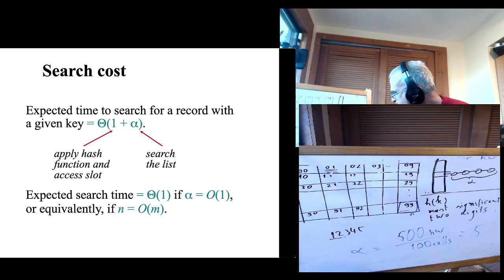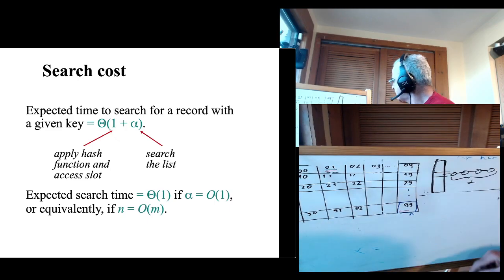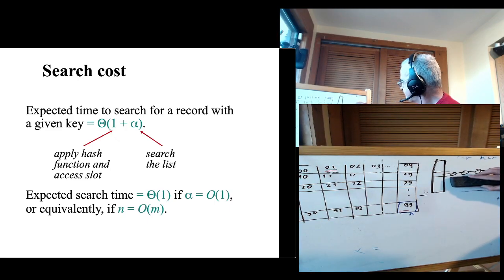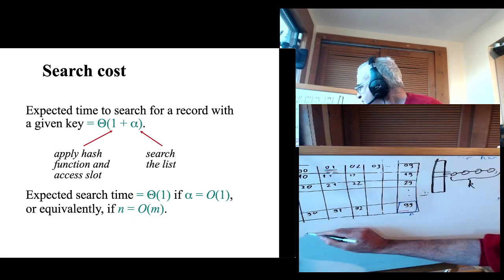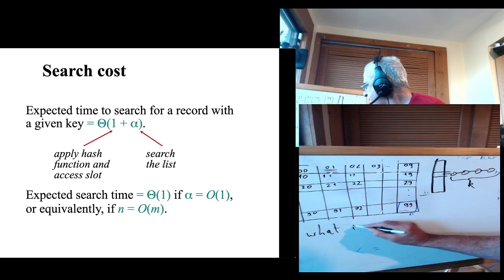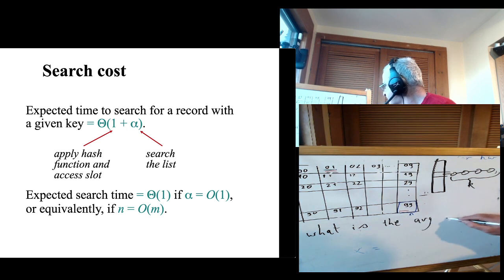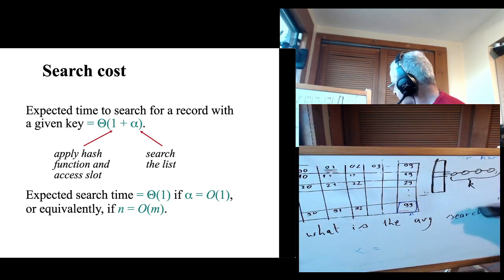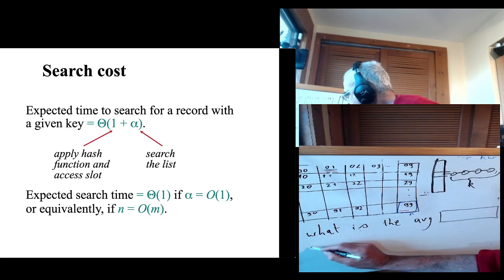By the way, if I have k elements in the list, if I have in this list k keys, question, what is the average search? The average, and here I'll keep a word blank, the average search time.